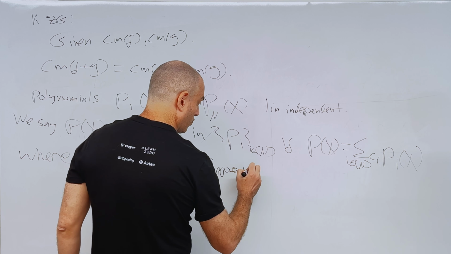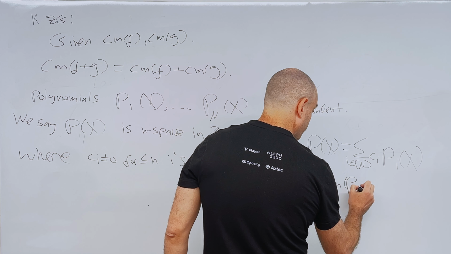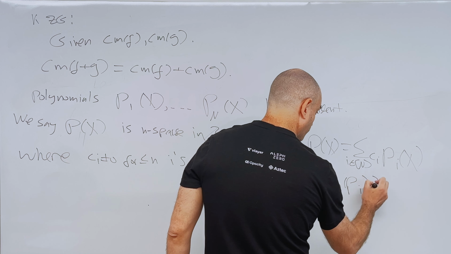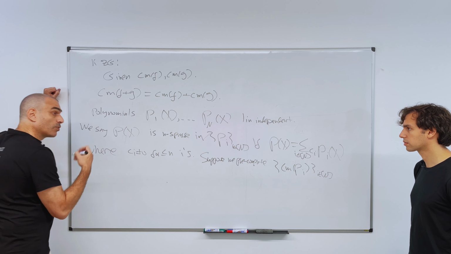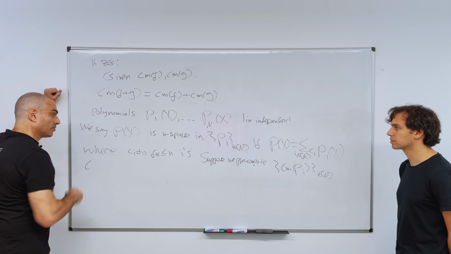Yes, we pre-compute the commitments to these Pi's. And now we want to compute the commitment to P. So we think of the Pi's as something we know, this basis is something that we know in advance. But P is something we only get when the protocol has already started.